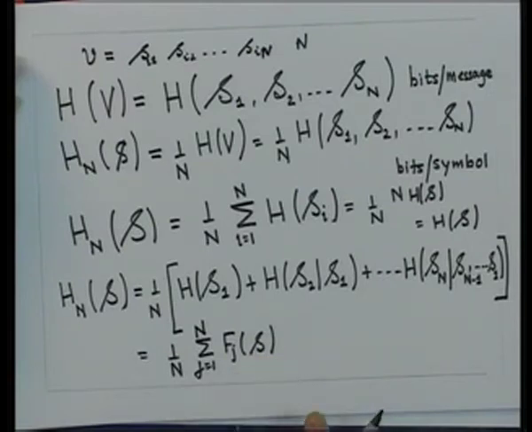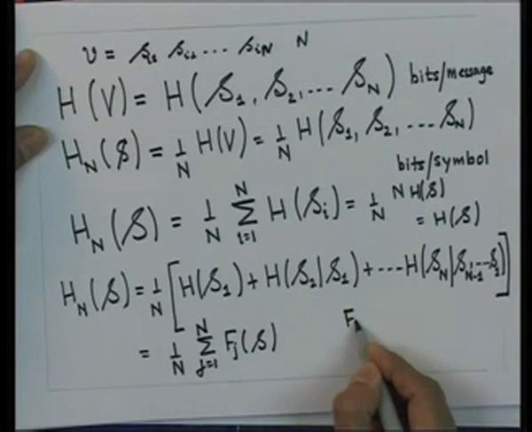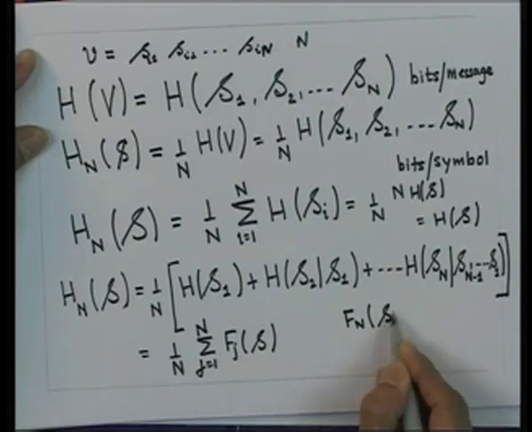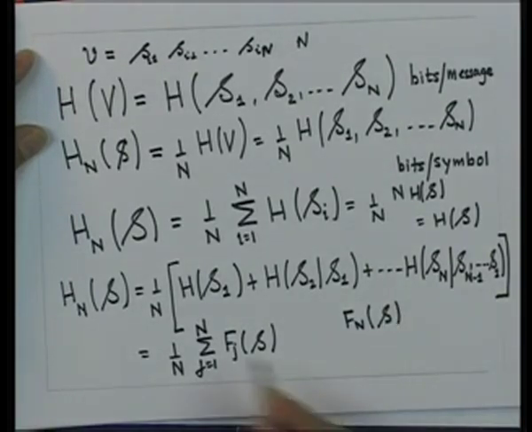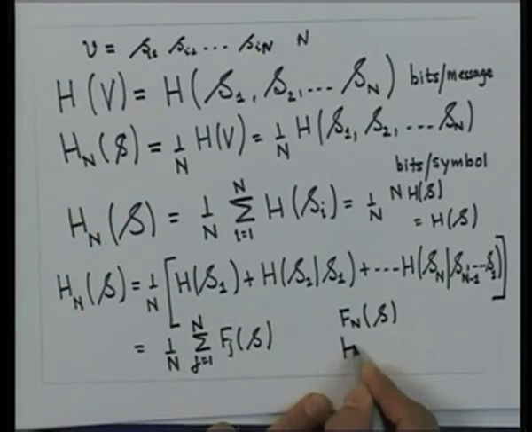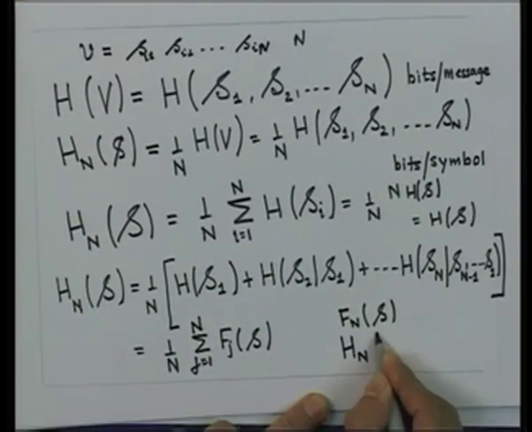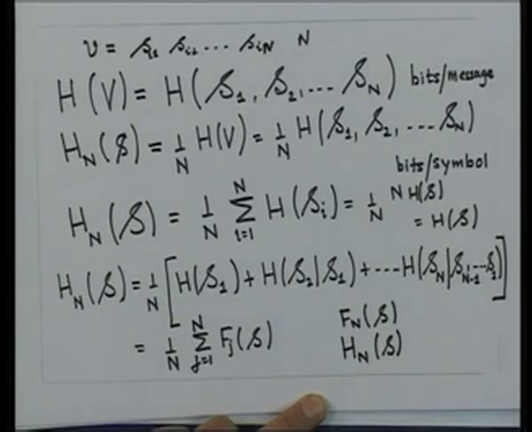Now, as was the case for Fn(S), we can similarly show that H_N(S) is a monotonic decreasing function of n, and it will be interesting to find out that the limiting value of H_N(S) turns out to be the same as the limiting value of Fn(S).